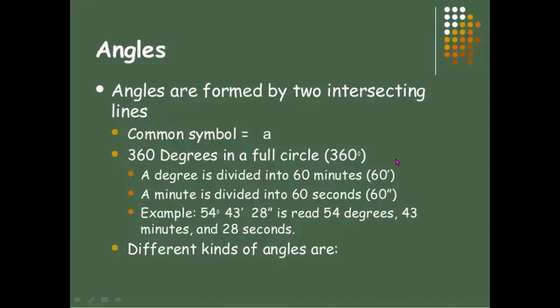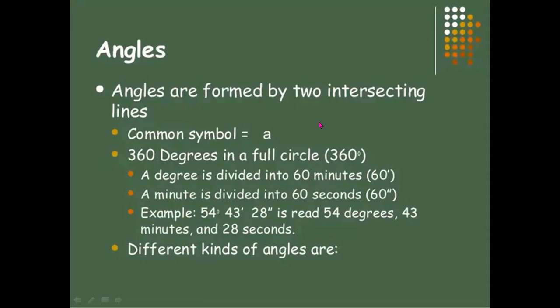Grace, can you remember? More than 90 degrees but less than a straight angle. Obtuse angle. And more than 180 degrees, a straight angle, but less than a full rotation of 360, we call a reflex angle.